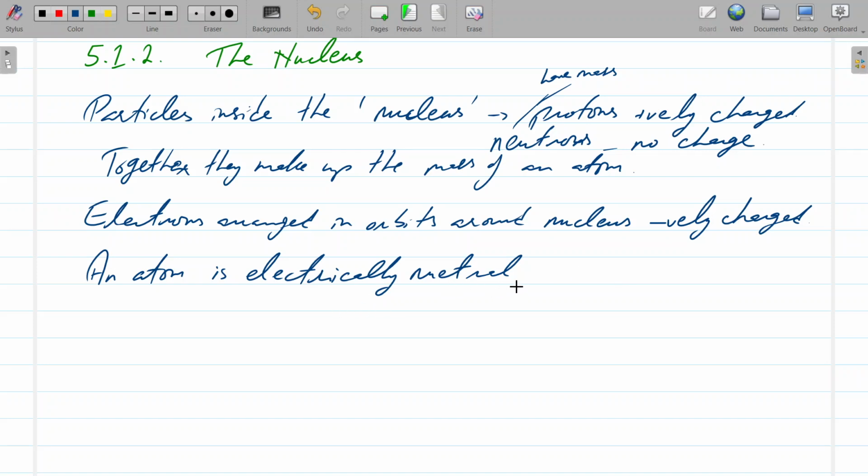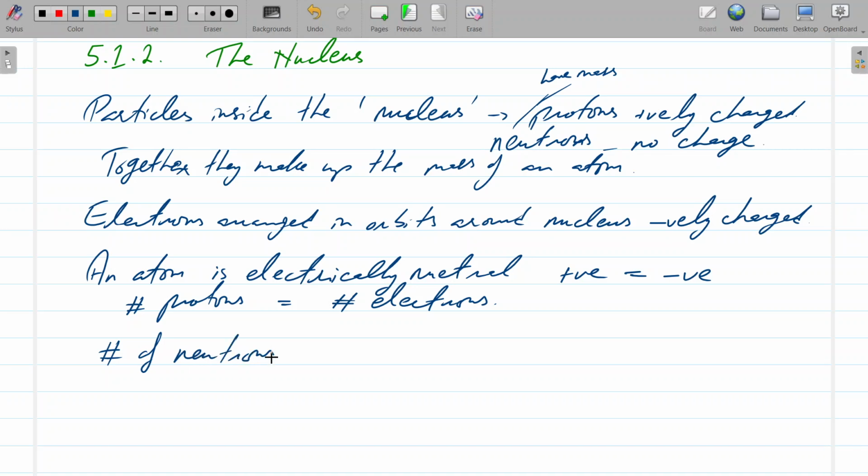Which means that the positive charges are equal to the negative charges, which means that the number of protons is equal to the number of, not neutrons, but electrons. And the number of neutrons varies between elements.